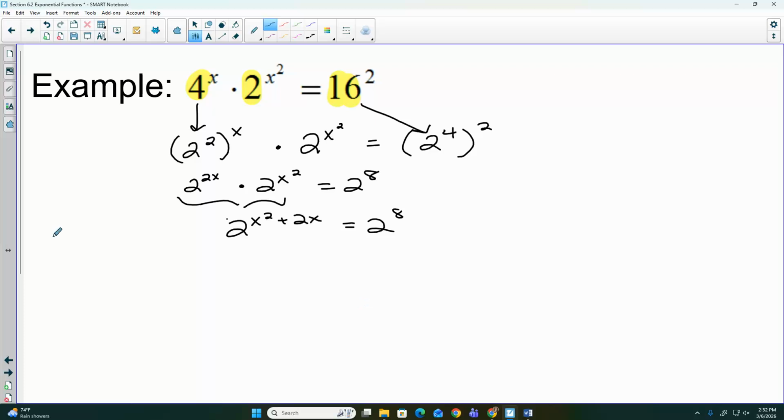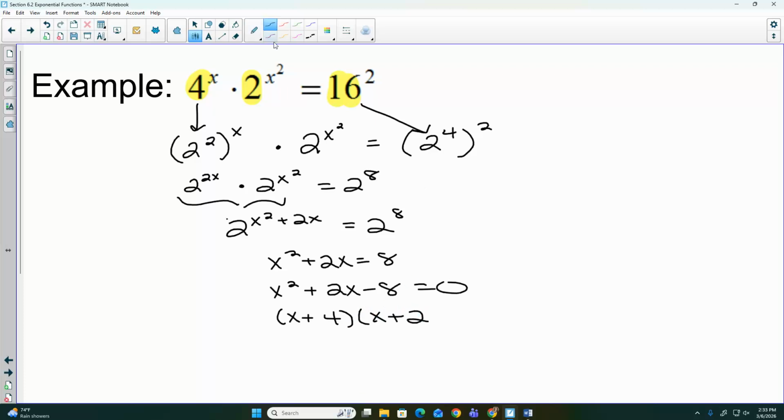So now I have a base of 2 on each side, which means my exponents are equal to one another. So x squared is 2x minus 8. That would factor into x plus 4, x minus 2.